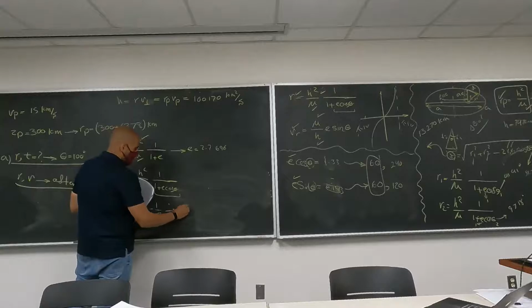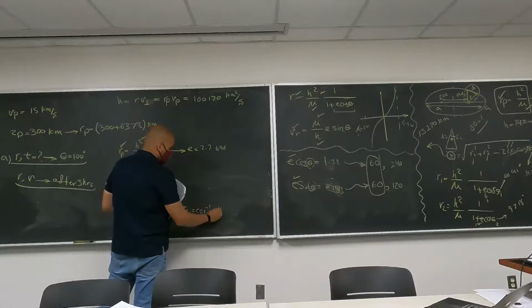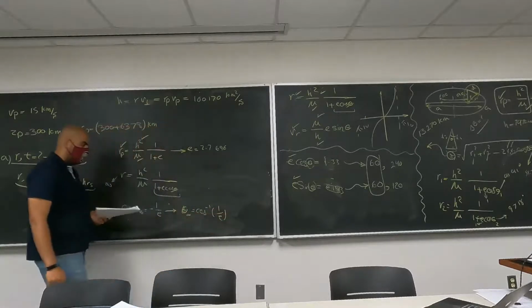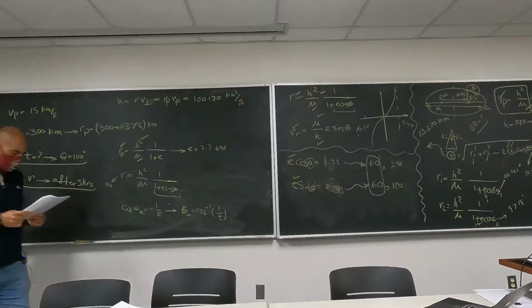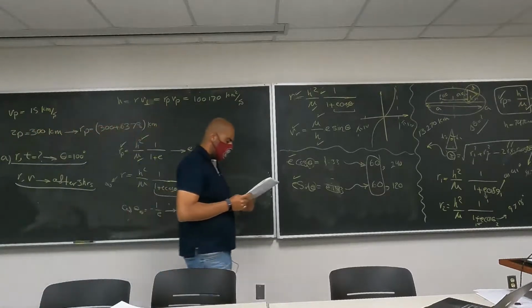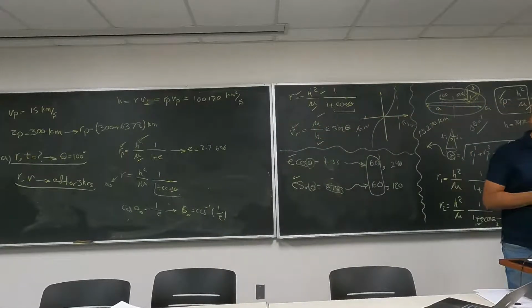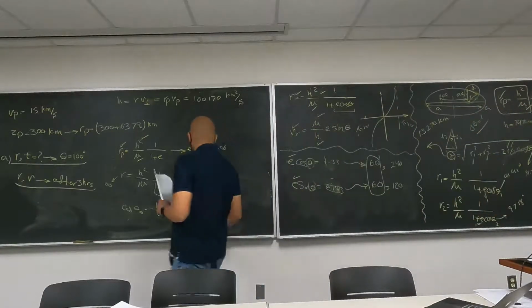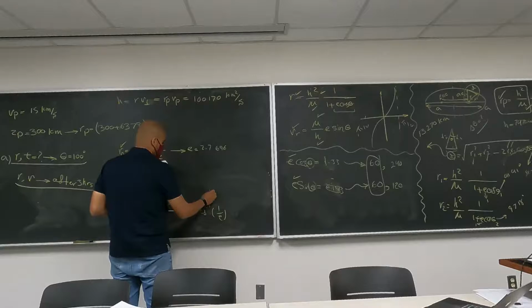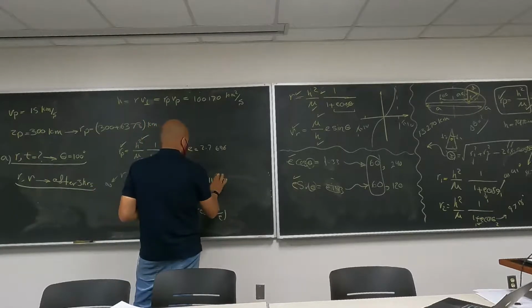Or theta infinity, which is the true anomaly at the asymptote, has to be the inverse cosine of negative 1 over e. We have calculated the e, so we can calculate the true anomaly at the asymptote, which is going to be 111.17 degrees.